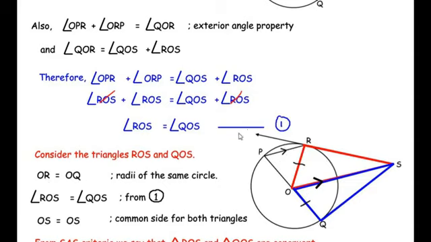Next, from equation 1 which we just got, we found out that angle ROS, that is this angle, is equal to angle QOS, that is this angle, that is from 1, using exterior angle property. Finally, we can say that side OS is equal to side OS, because this is a common side in the triangle ROS and QOS.